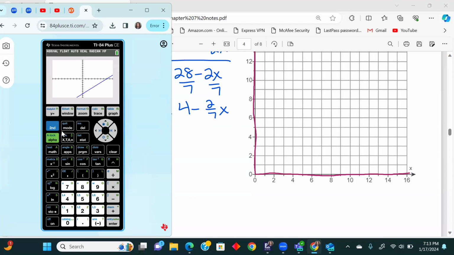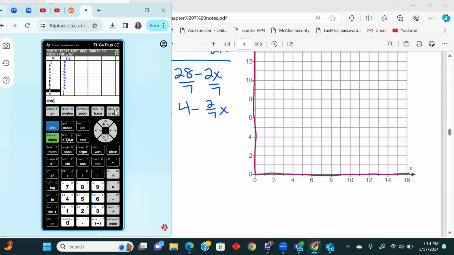I just need a table of values. So second table, and I need where x is 0 and y is 0. I have 0, -8, and that's not going to work because we don't have negatives. Y's are going to be positive.